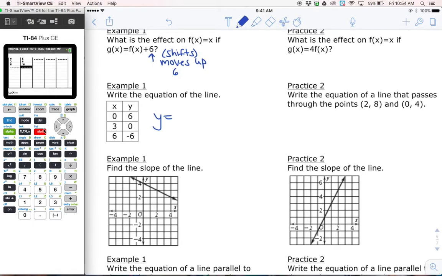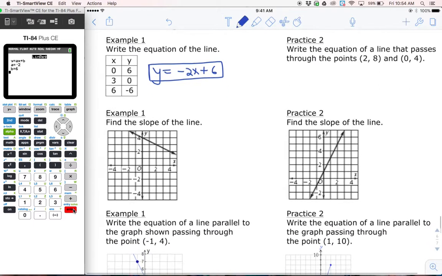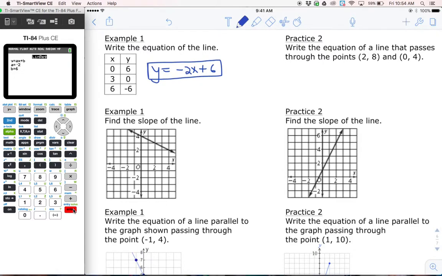Okay, we're going to do stat edit, stat calc, linear equation, and we get y equals negative 2x plus 6. Now yours is phrased a little differently, but same skills are involved. Go ahead and answer question number 2 in Edpuzzle.